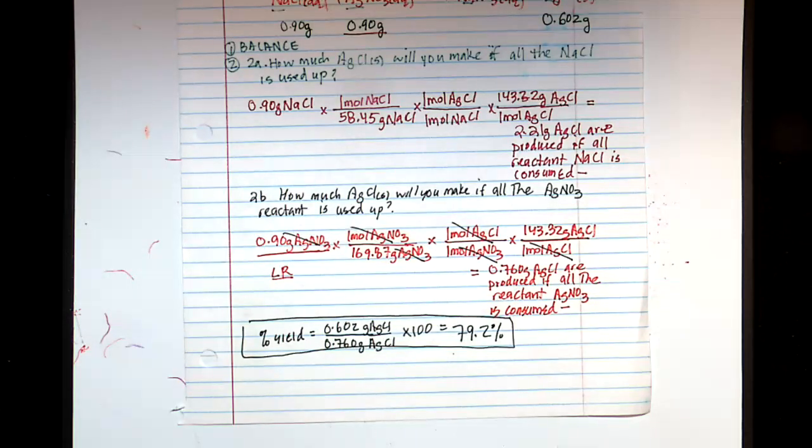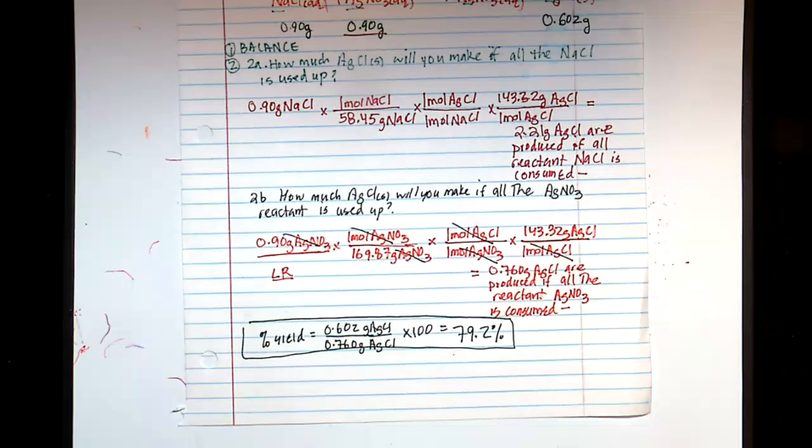Maybe I did the calculator wrong. So 0.90 grams divided by 169.87. I'm not getting that. Well, then maybe I plugged it in wrong. Divided by 169.87.